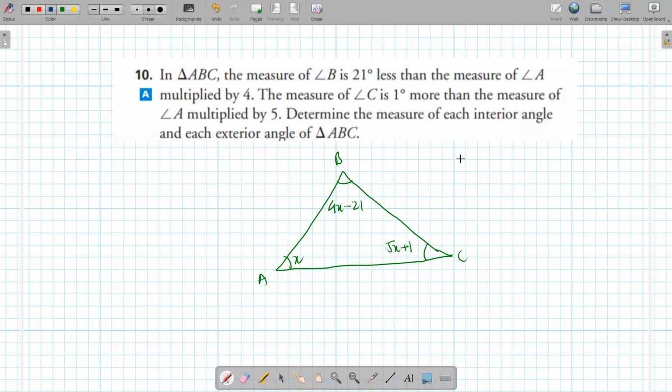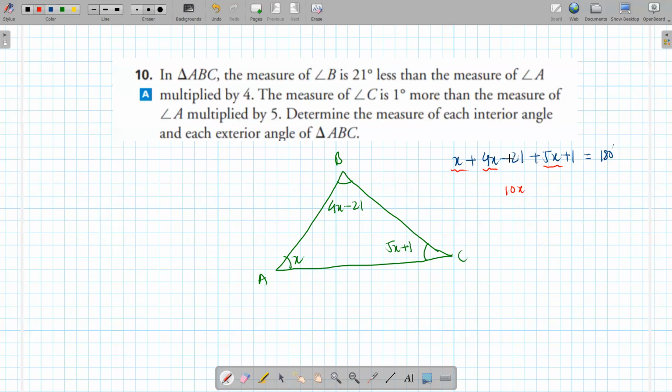Right. So we have x plus 4x minus 21 plus 5x plus 1, and this is going to add up to 180. Now we're going to clean this up. Check this out: 3 like terms, x, 4x, 5x. What do they add up to? 10x. 5x plus 5x, 10x.